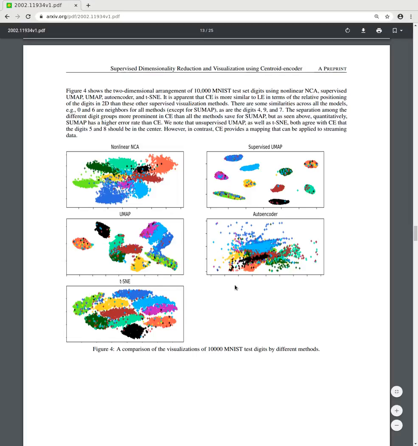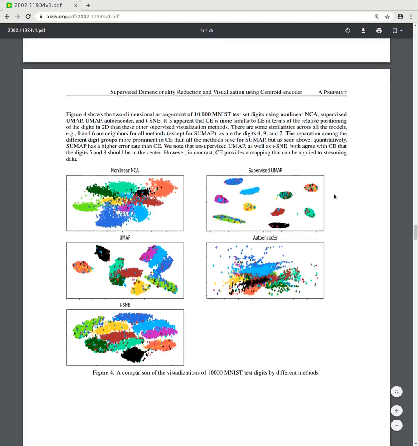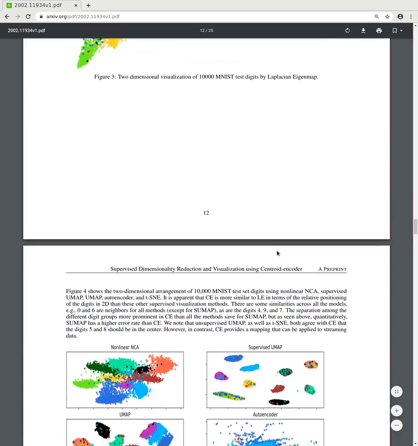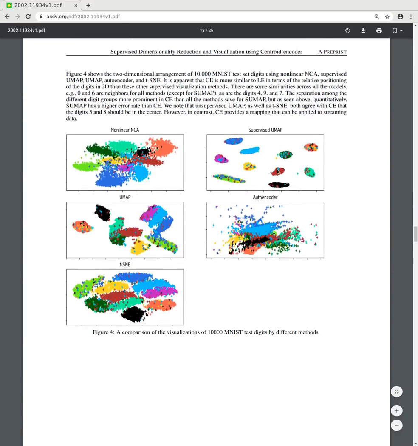So I would say that UMAP has this unnatural extra clumping of the test points.